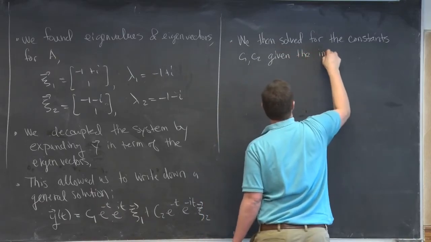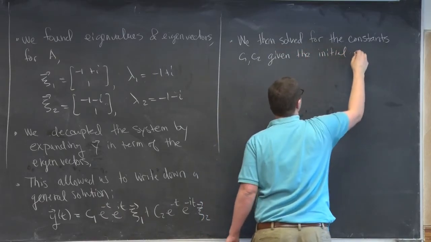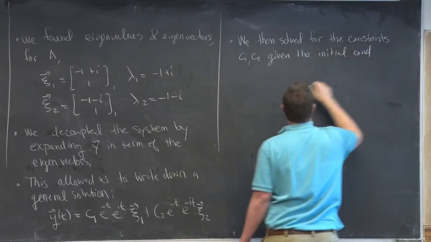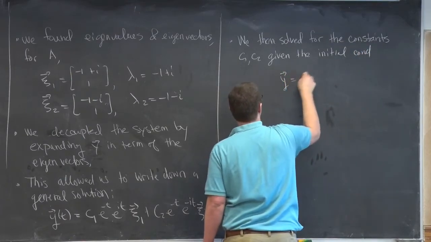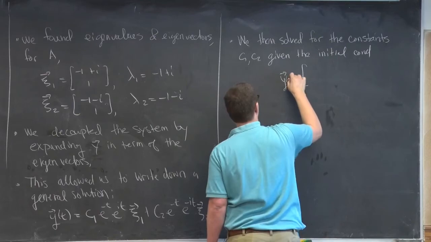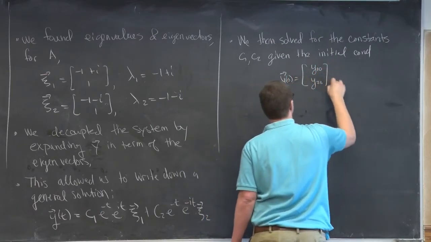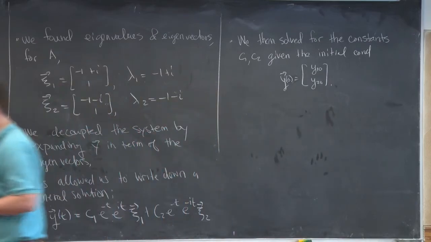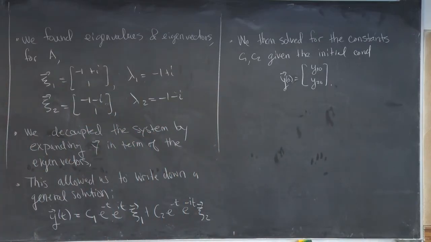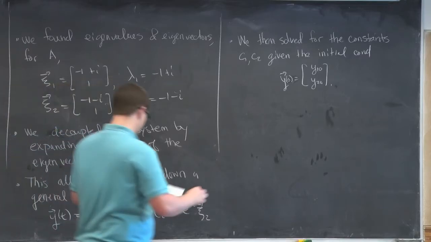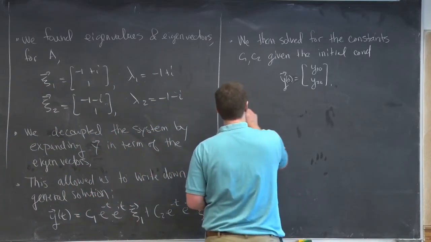The initial condition, y0, y10, y20. All right? And so how did we do this? So we actually got this equation.